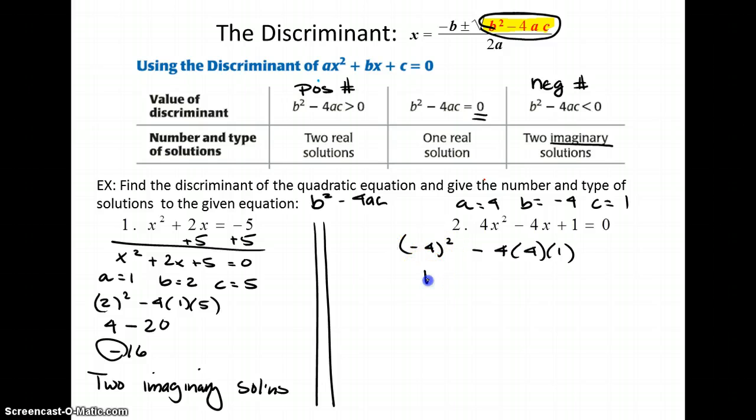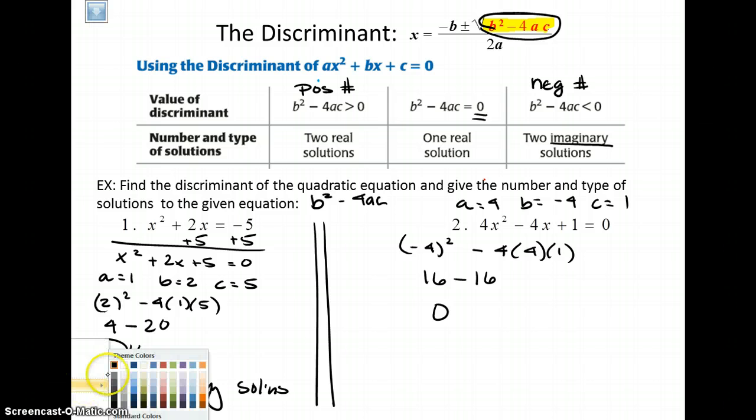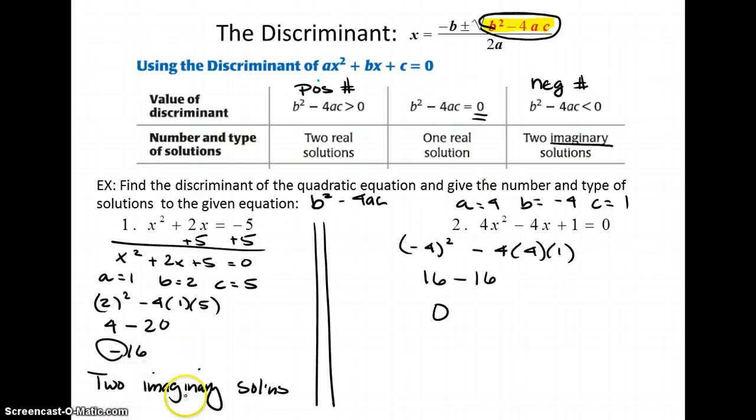Negative 4 squared is 16, minus 4 times 4 times 1 is also 16. 16 minus 16 is 0. So how many solutions would that be? Well, look at the chart and it will tell you. One way to remember it: it's a 0, so it would be 1 real solution.